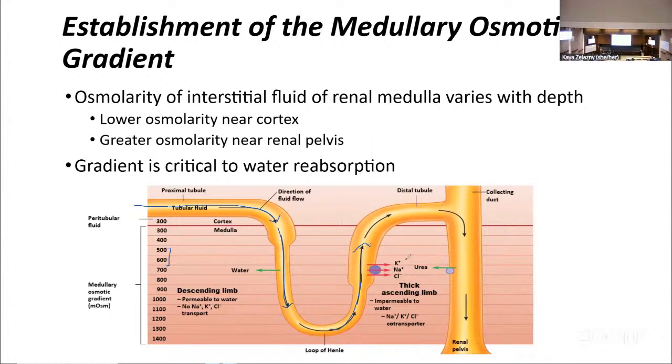Instead, what we have are solutes being pumped into the medulla, right? So the effect of moving all these solutes, all these salts, all these ions into the renal medulla, because solutes pull on water, right? Solutes are creating those higher numbers in our medullary osmotic gradient. So this is what's making the medulla have such a pull on water, right?